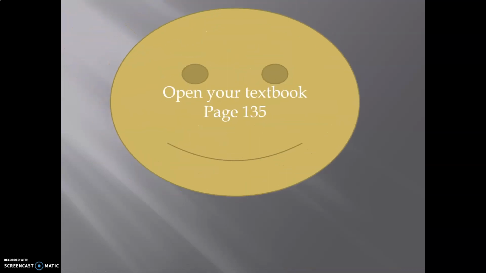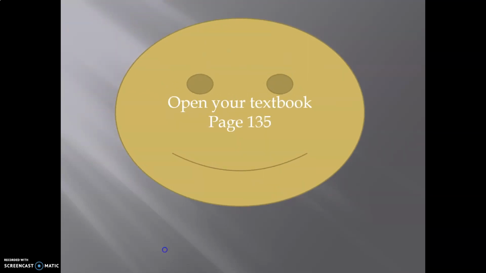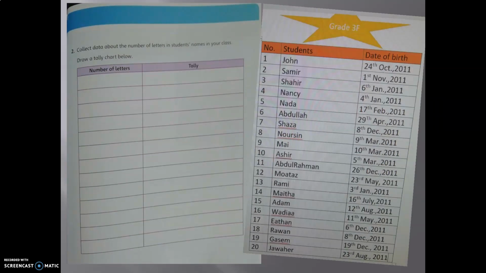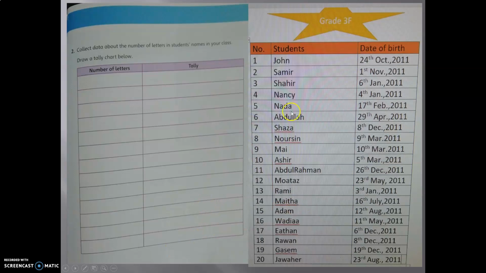Now please, let's go to 135. Also, you will need to take a look at the list. We have it here. Now we need the number of the letters in the names of your friends here. So how many students have 3 letters? Only 1. How many students have 4 letters in their names? Okay. So how many students have 5 letters?